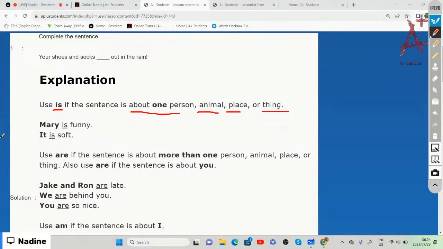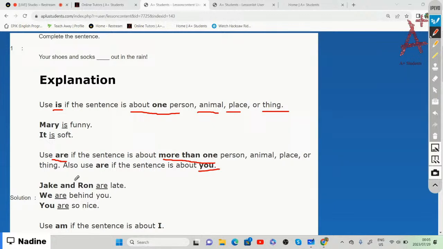Then we need to use are, right? So we use are if the sentence is about more than one person, place, animal, or thing. So we can also use are if the sentence is about you, which is like saying, for example, we have Jake and Ron are late.